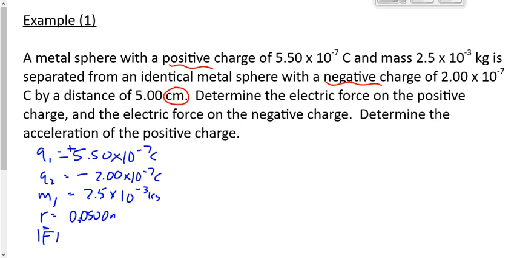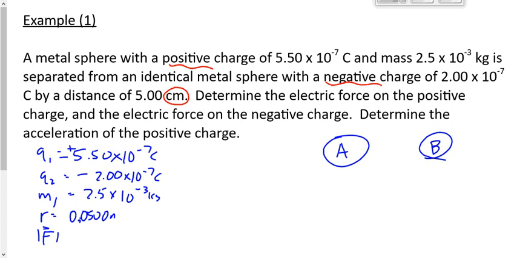Listen carefully to what I'm about to say. Regardless of the charge on charge A and the charge on charge B, regardless of the mass on charge A and the mass on charge B, A could have way more charge, or as in this case, it does have way more charge than charge B, or B could have way more charge than charge A, or they could be the same charge. A could be heavier, A could be lighter. It doesn't matter.